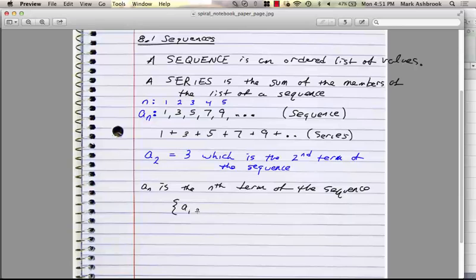So it would be A1, A2, A3, dot, dot, dot. You can say A sub n minus 1, A sub n, A sub n plus 1, dot, dot, dot. So if you're talking about the nth term of the sequence, then the term right before it is the n minus first term, n minus 1 term. And the term right after it is the n plus first term.